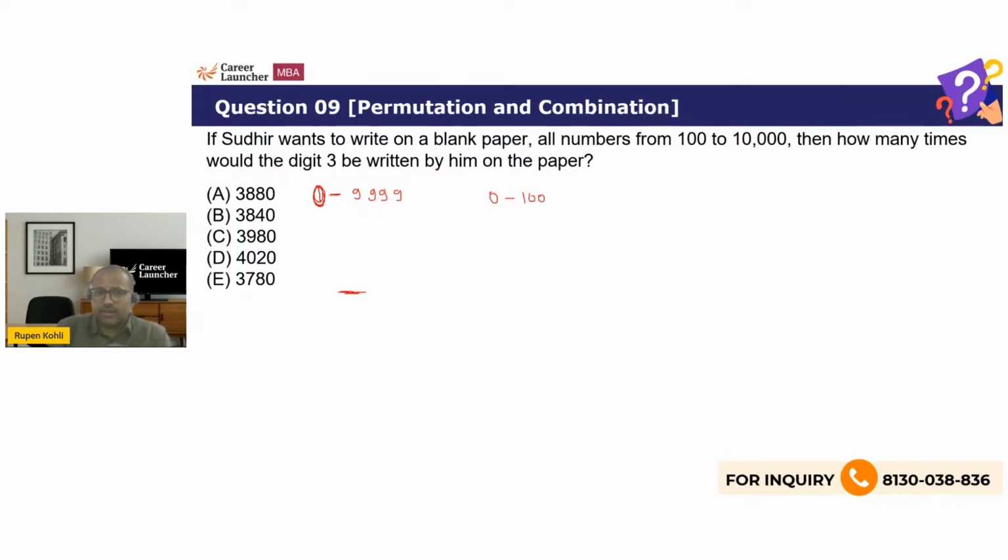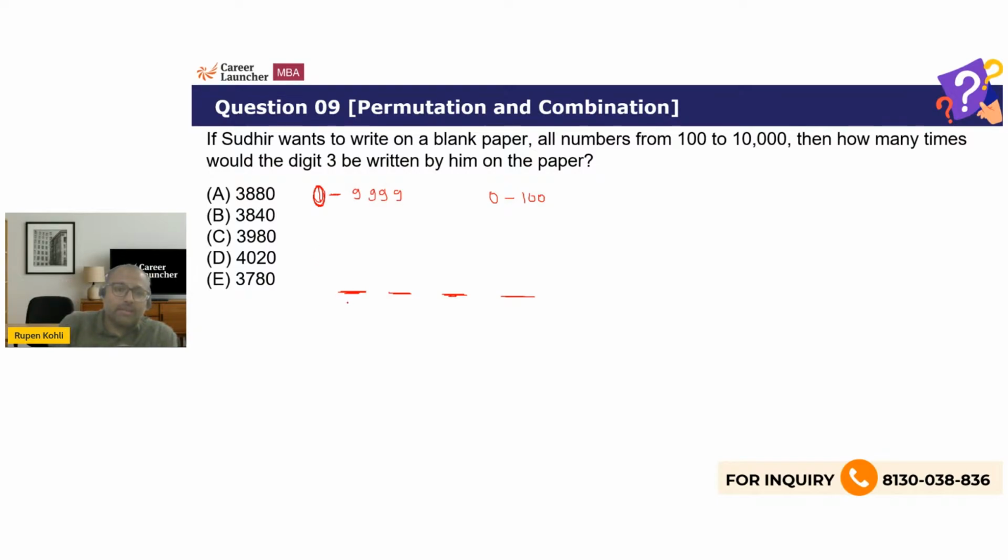Because what I can think about, okay, I have four spaces. I'm saying 0 can appear anywhere, so any digit can appear. So I have counted all the digits starting from 0000, right, up to 9999, all the 10,000 numbers.